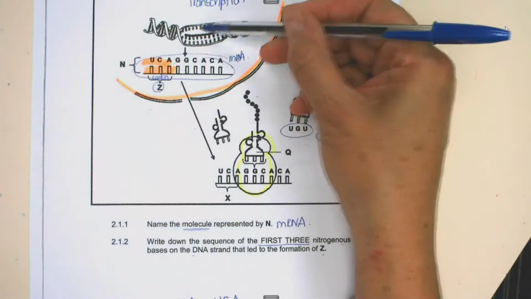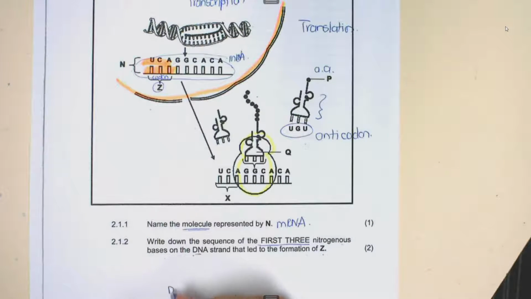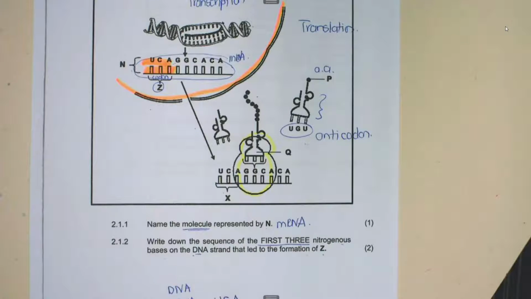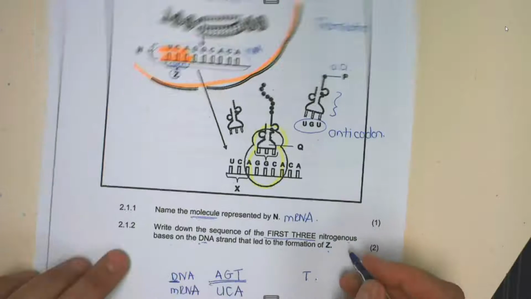Now they want what started this message. They want the DNA, so they want the DNA triplets, the base triplets. And remember, I'm working with DNA. The moment I'm working with DNA, I don't have uracil anymore, I have thymine. So that will have combined with an A, C with G, and that would have been a T. So that is the answer for 2.2.